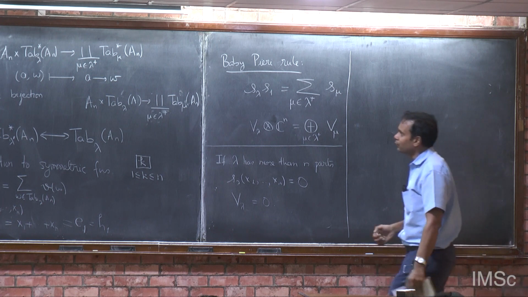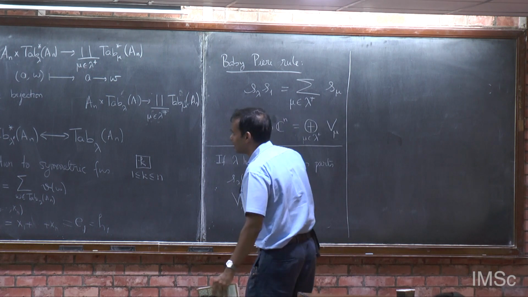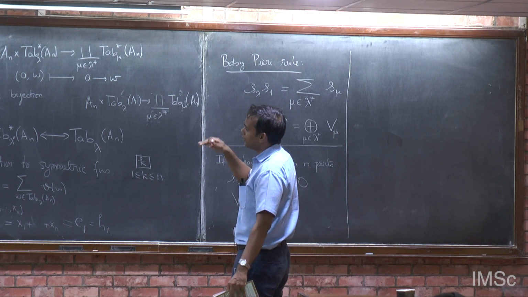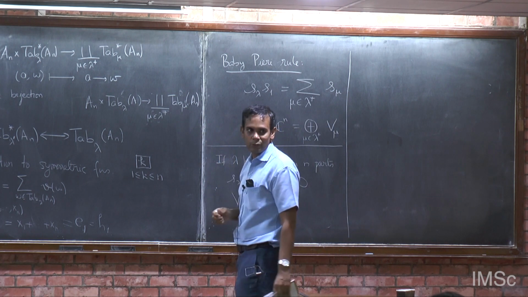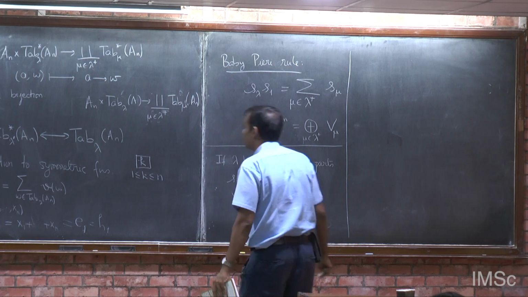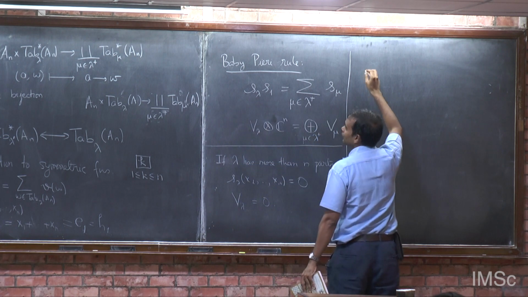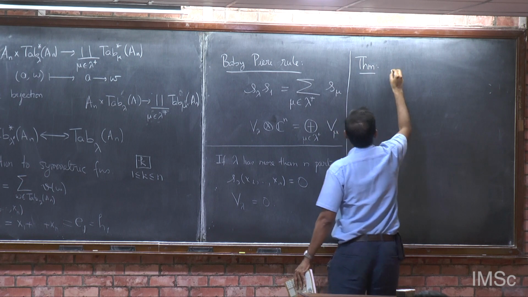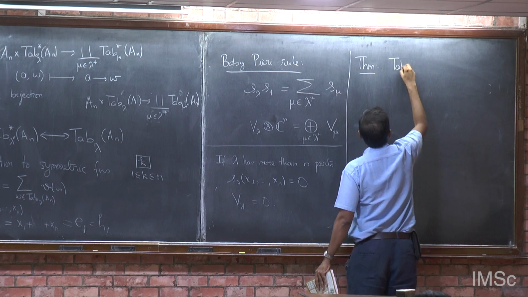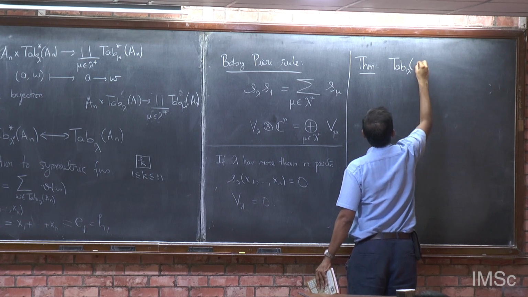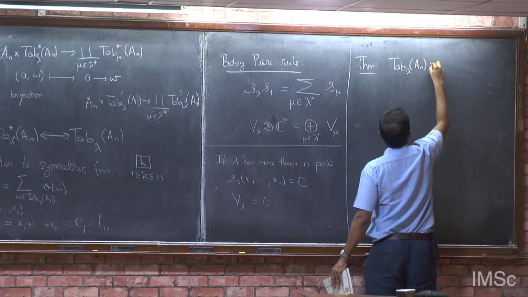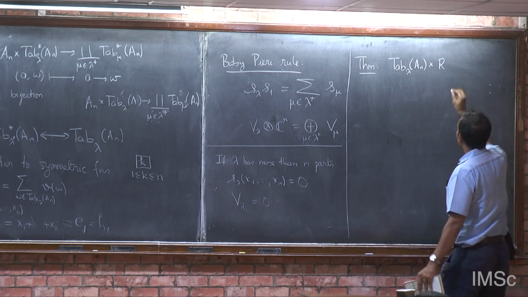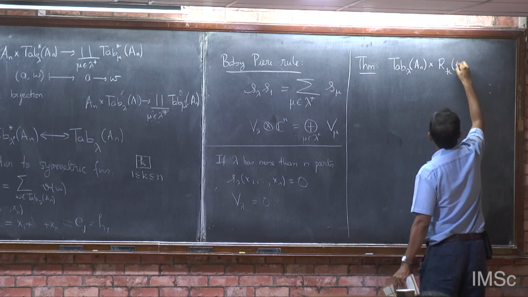Now what I want to do is sharpen this a little bit and see what happens when you insert, say, a row or a column sequentially. So now the theorem I want to state is the following: if you take Tab lambda of a_n cross, and now I will use a notation that I introduced last time, R_k a_n.